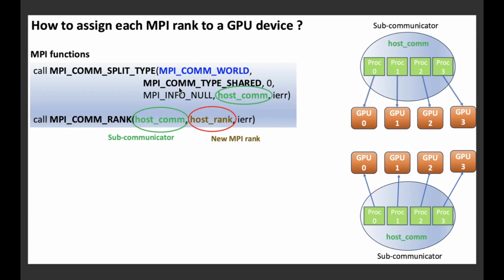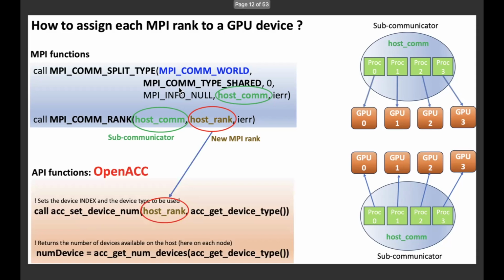We split the communicator, so now each subcommunicator has processes that run on the same compute node. The next step, on the GPU side, is an OpenACC API function that accepts as an argument the host rank, which is the output from MPI. The ID of each process is passed as an ID to each GPU.